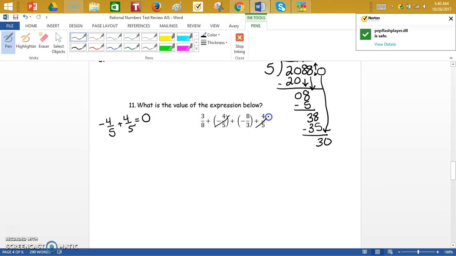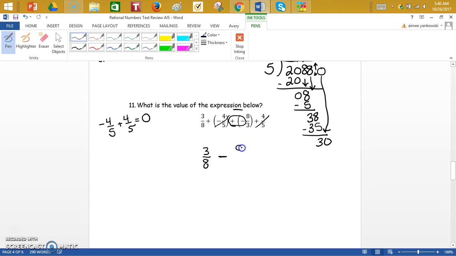That's gone. That's gone. So then the problem we really are working on is 3/8 plus a negative becomes a minus. I like single signs. So 3/8 minus 8/3. In order to add or subtract fractions, we must find a common denominator. Our common denominator will be 24.